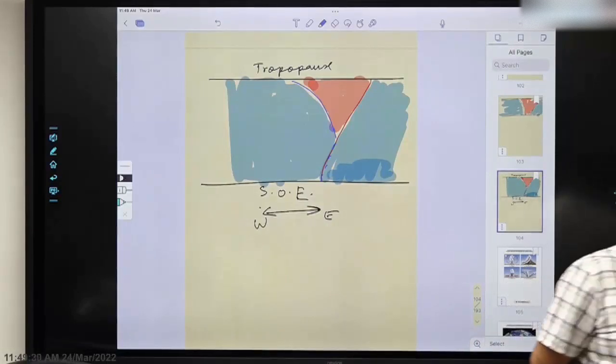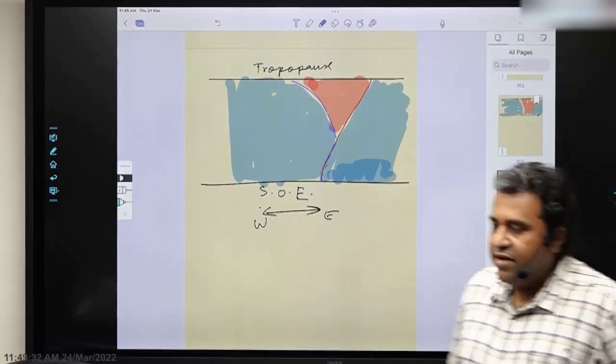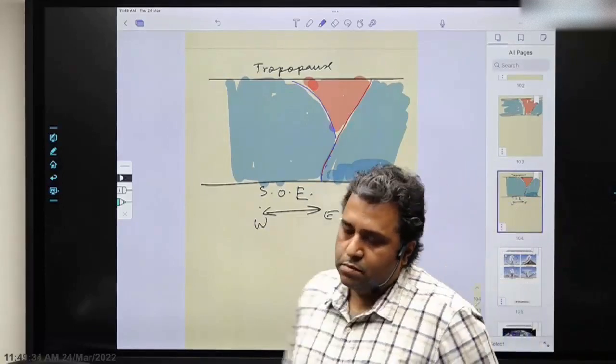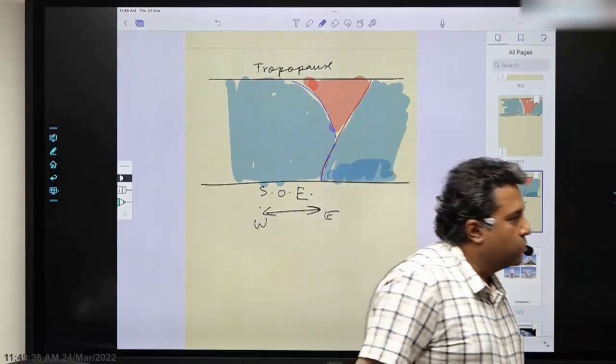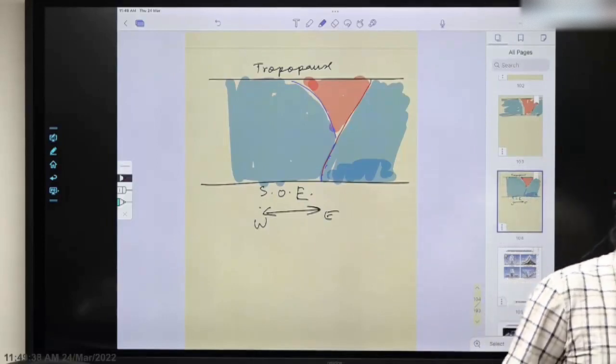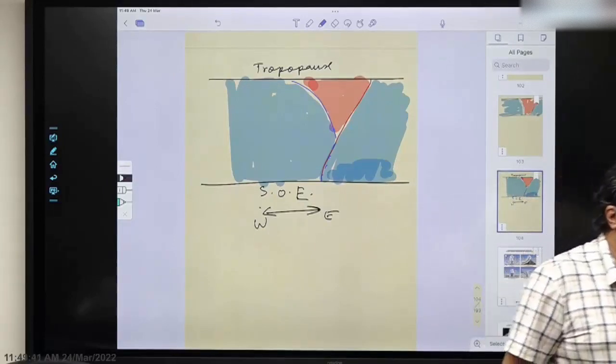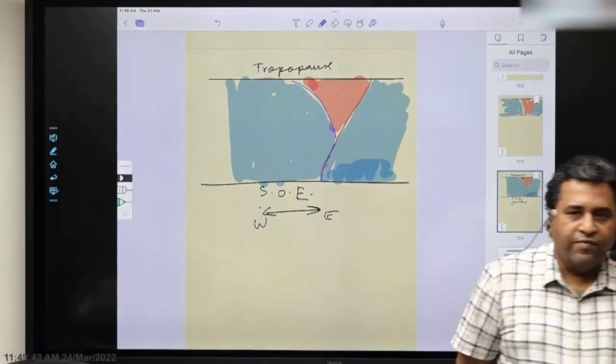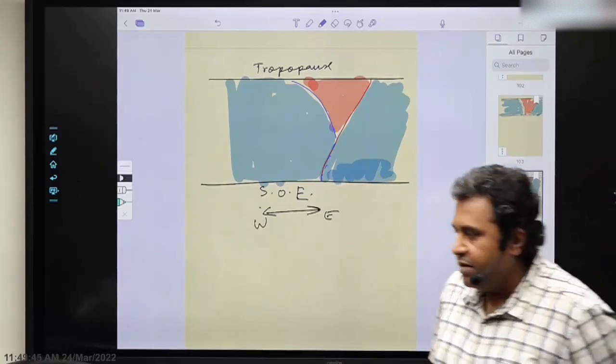Figure 4: the cold front overlaps with the warm front. All right. Then next paragraph.